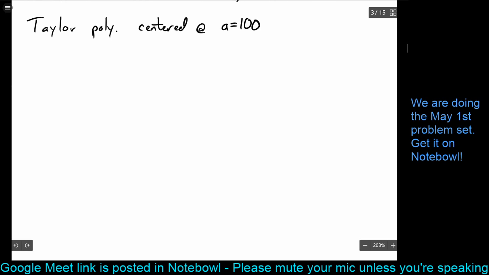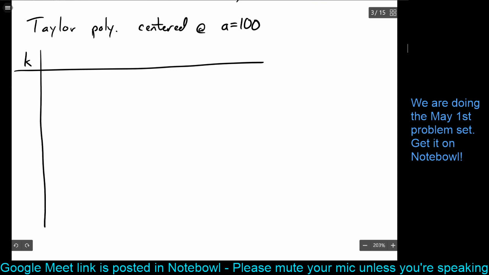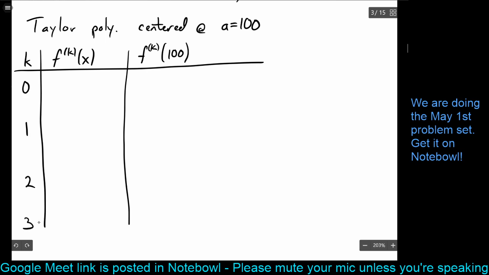We're only going up to a cubic here, so we can use the same kind of chart that we always do. We're only really worried about the first four terms, because we want k equals 0, 1, 2, and 3.